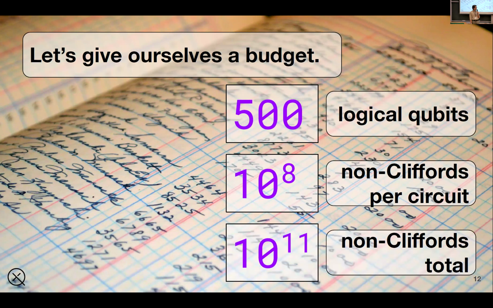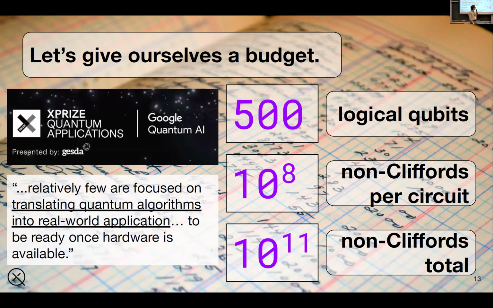And then finally, let's say that the total number of non-Clifford gate operations, we'll set that to 10 to the 11. And we can think of that as translating it into runtime. Again, using that 1 megahertz clock rate, that amounts to about 1 day of runtime. So let's just go with that as the number. And let me just quickly note that we're far from the only ones who are thinking about translating quantum algorithms into real-world applications so that they're ready for the next generation of quantum hardware heading our way.